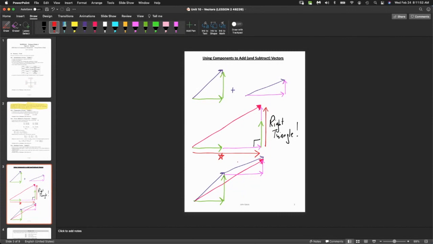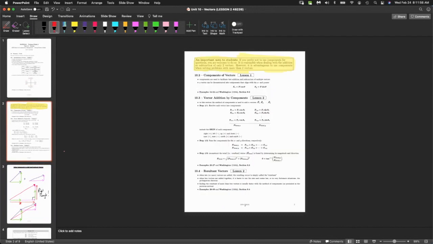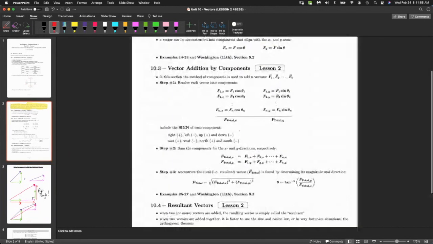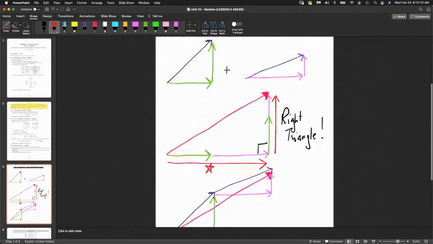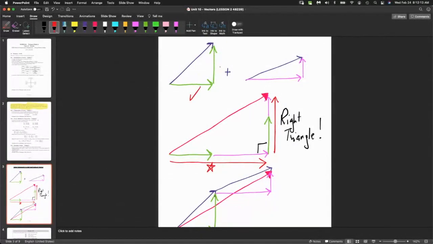Let's go back to the math on the previous page and see if we can identify where that's located. So here's the actual method. Step 1, resolve each vector into components. So that means break it up into pieces. If you remember here, we had these green and purple components.